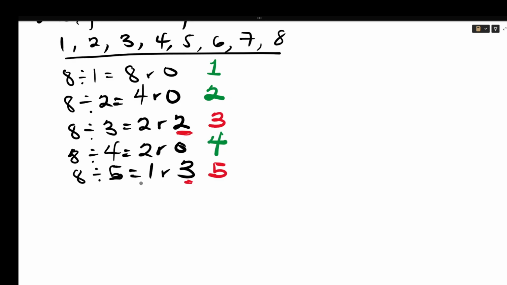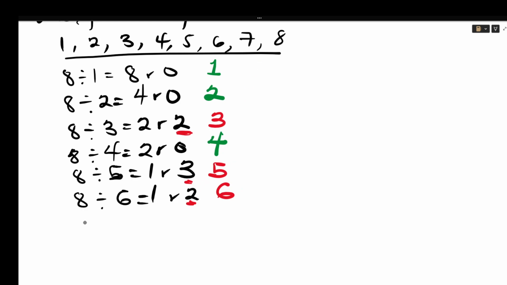Let's move on to 6. 8 divided by 6 is 1, remainder 2. It also gave us a remainder, that means 6 can't be a factor of 8.